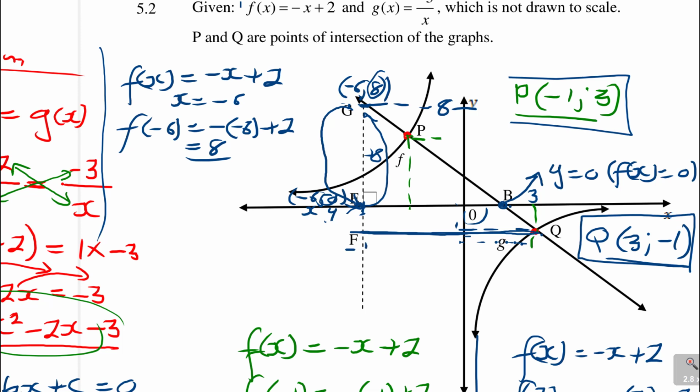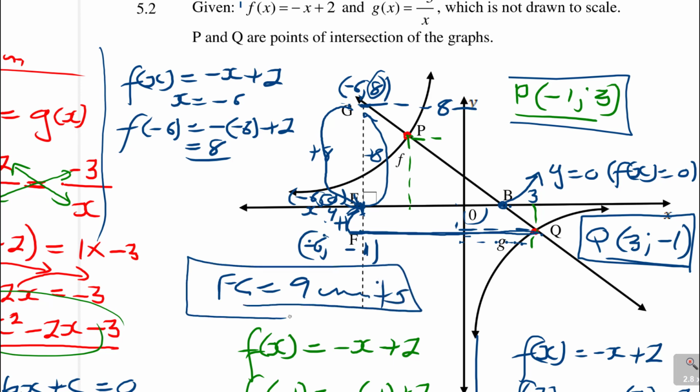Remember, it's the value of y, so it's negative 6, negative 1. So I can say the distance there is 9 units, whereby going up there it's plus 1, then up there is plus 8. So 1 plus 8, that distance FG is equal to 9 units. But this is just kind of guessing, because the question was not complete anyway.